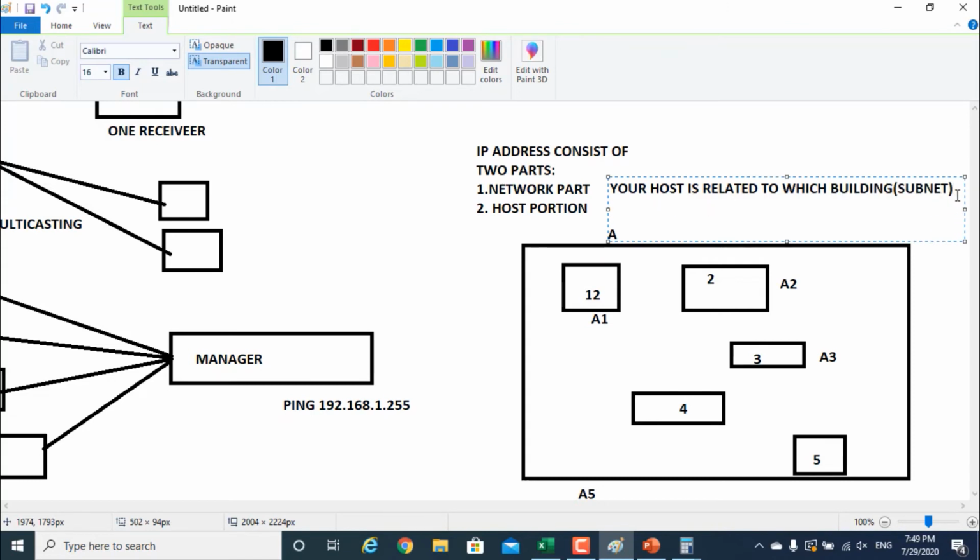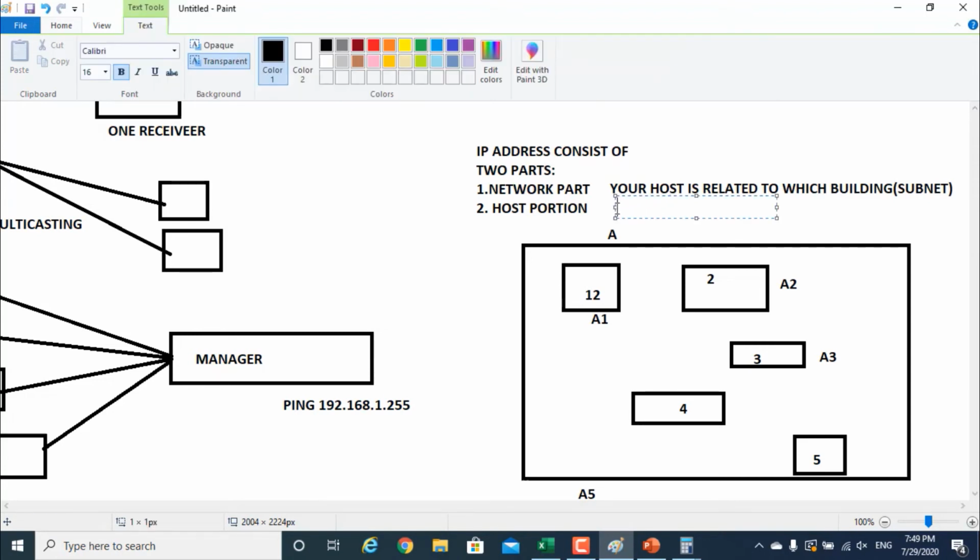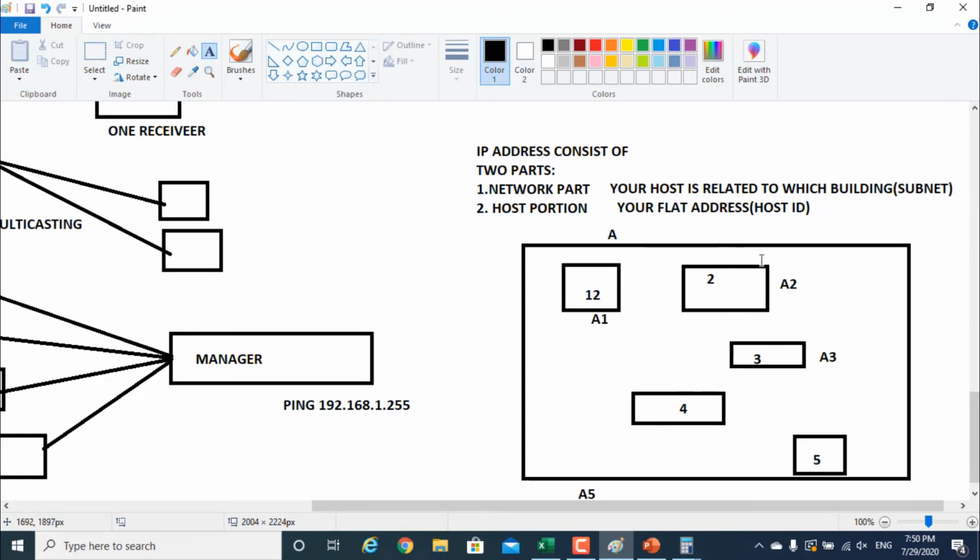So based on the network portion of your IP address, you will say which building this host is related to, and the host portion is your flat address, which technically we call the host ID. I hope you understand it now: the network portion and the host portion.